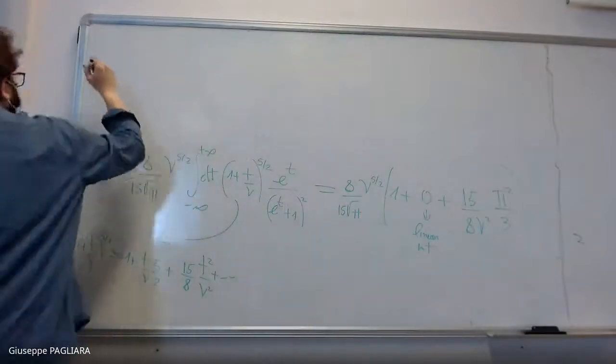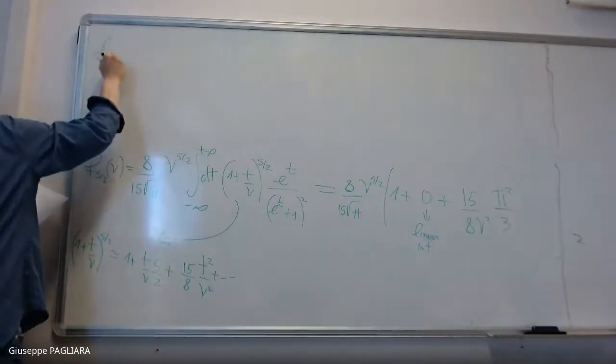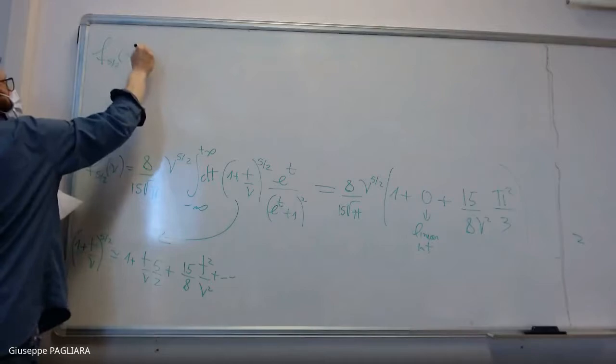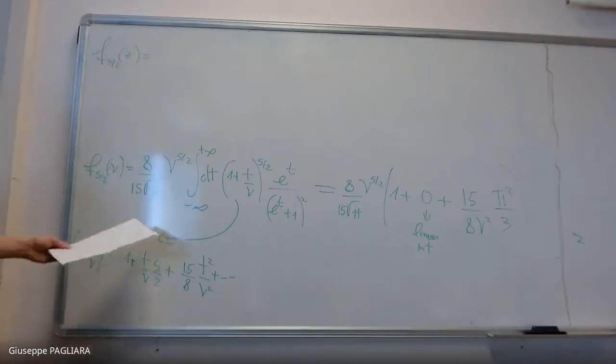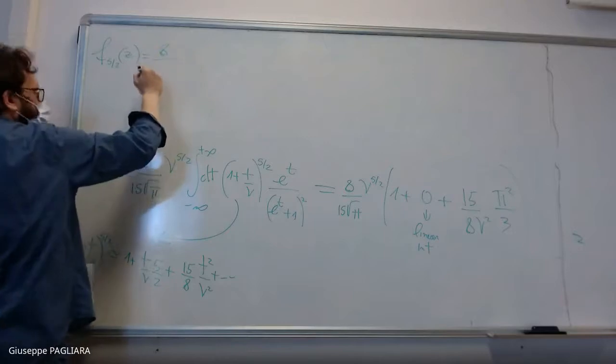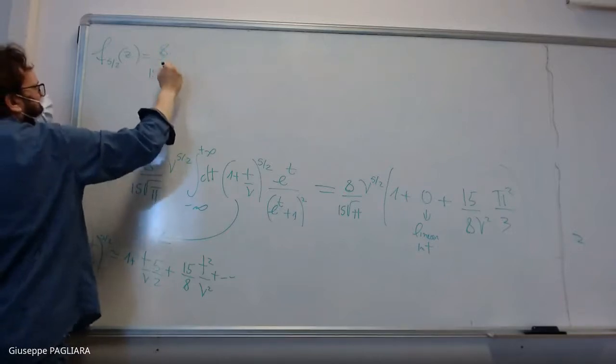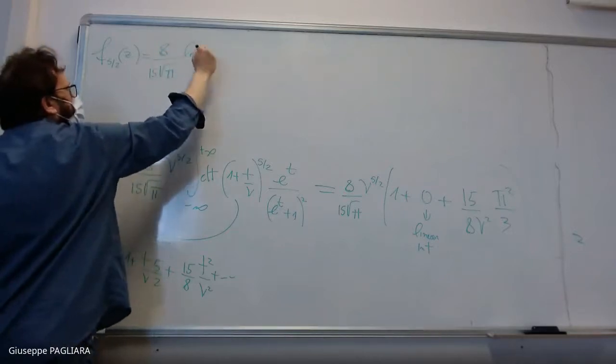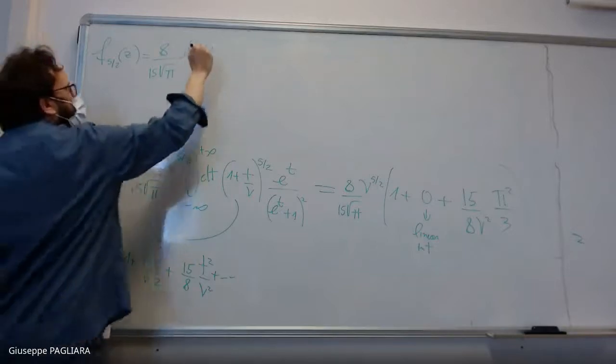Now f of 5 halves of z is equal to 8 divided by 15 square root of pi, log of z to the power of 5 halves.